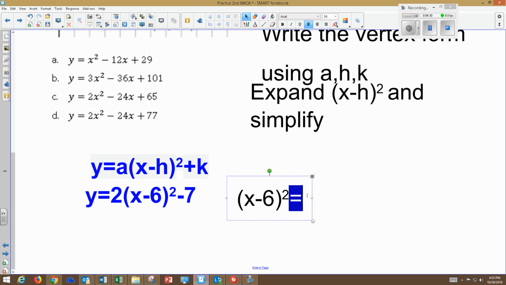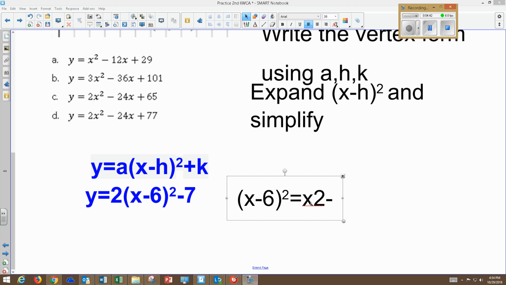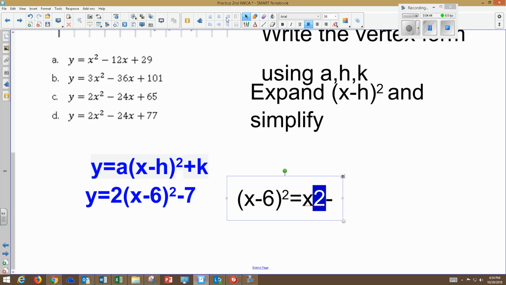The box method tells us that this is just simply x squared minus 12x. We're going to double that 6, and then we're going to square it and get a 36.